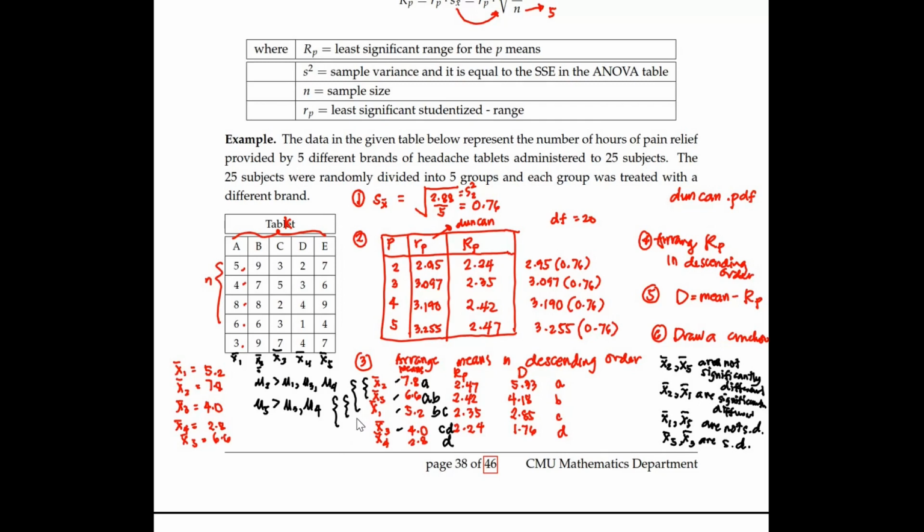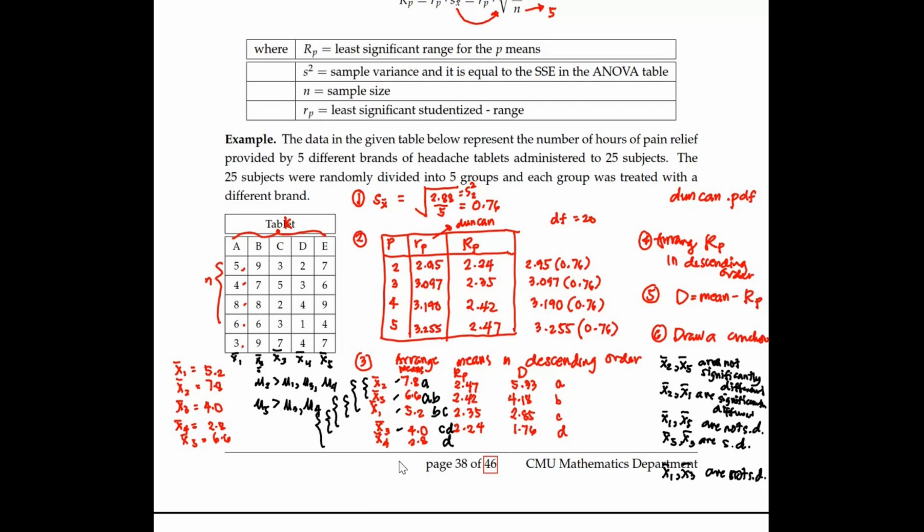So, next is we compare x sub 1 and x sub 3. So, is x sub 1 and x sub 3 na by common? So, kay common man si C, then we can say that x sub 1 and x sub 3 are not significantly different. Okay? And then, let's proceed with x sub 1 and x sub 4. So, nabay common si x sub 1 and x sub 4 in terms of label.